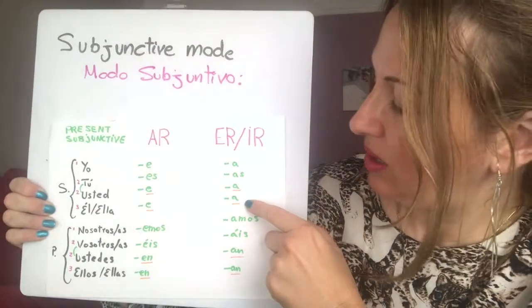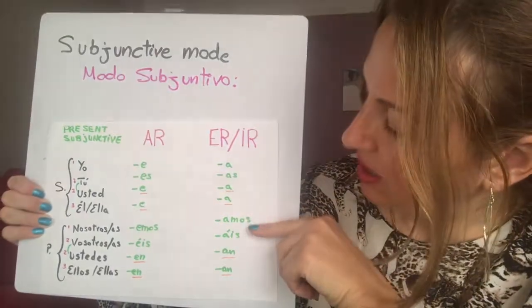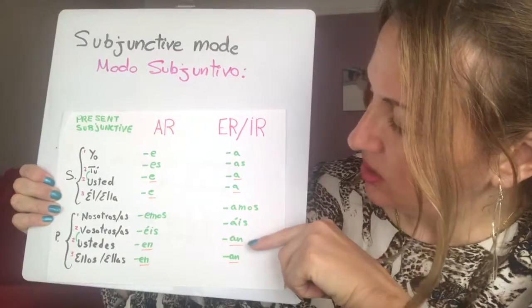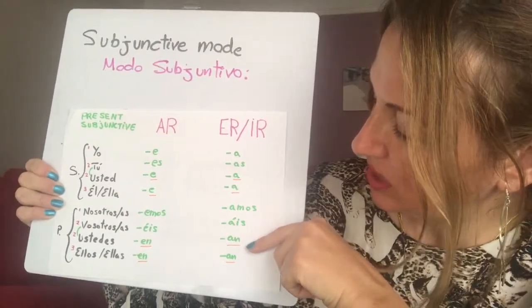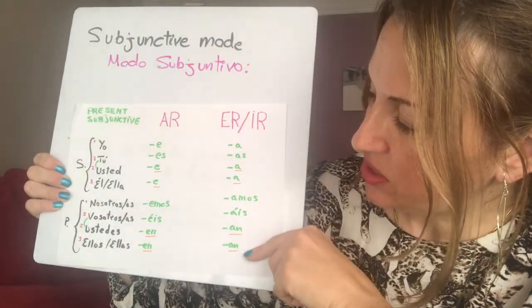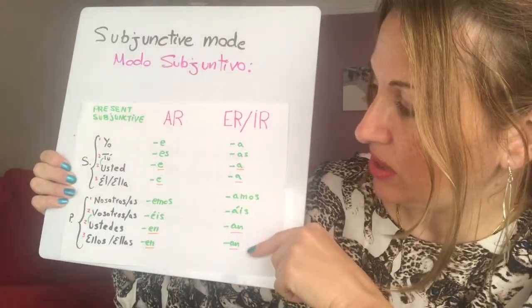Okay? So as you can see, it agrees. And here, there are the endings for the plural group. And as you can see again, the plural formal you has the same ending as the third person in that group, and it will always be the same.